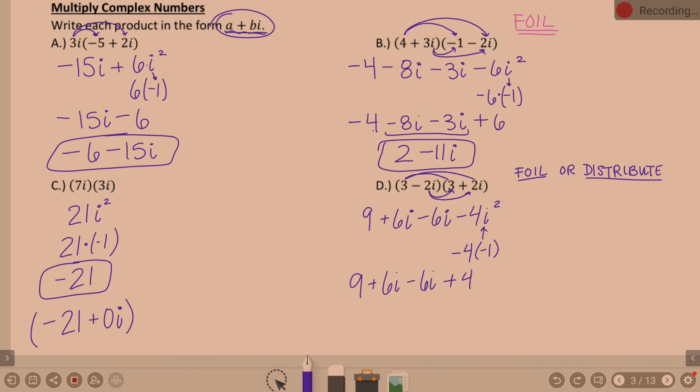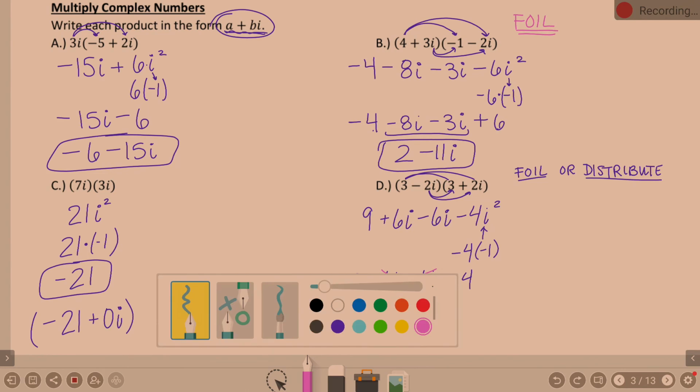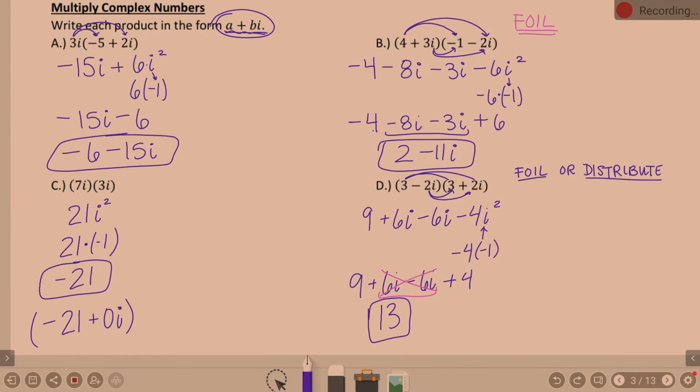What do we get? 13. What is 6i minus 6i? 0. It cancels, doesn't it? So this answer would just be 13, because those guys right there are going to cancel. And again, I'm fine with 13. If you have to get official, it's 13 plus 0i, isn't it?